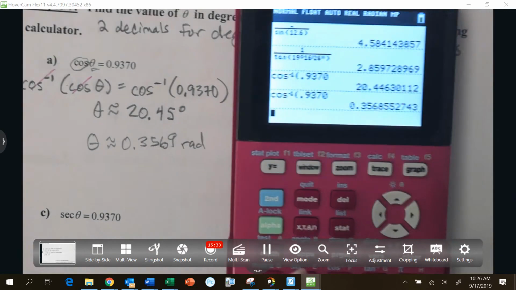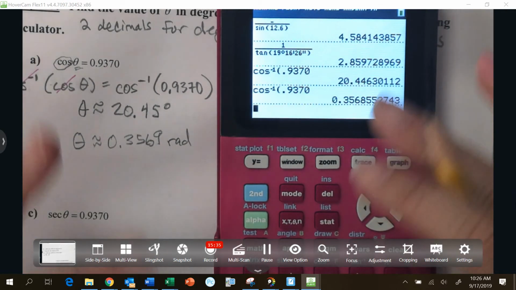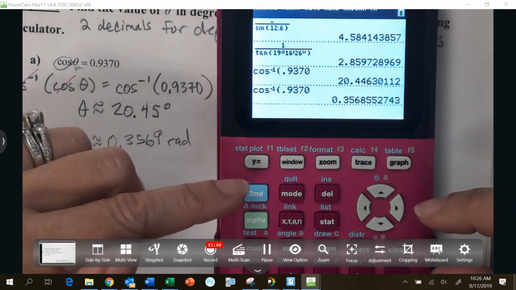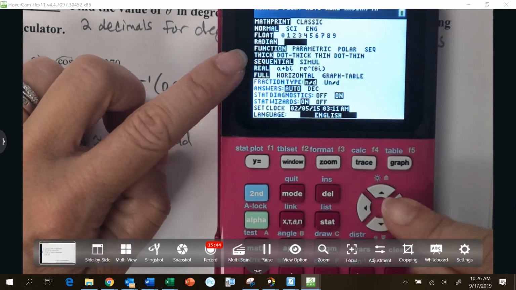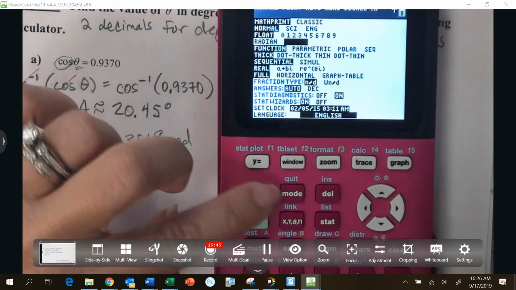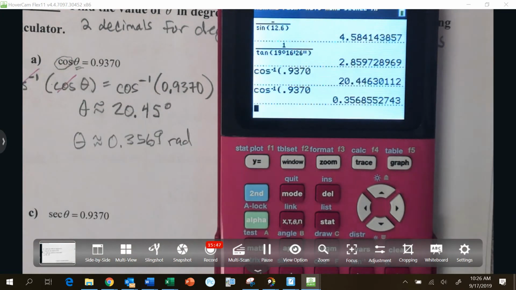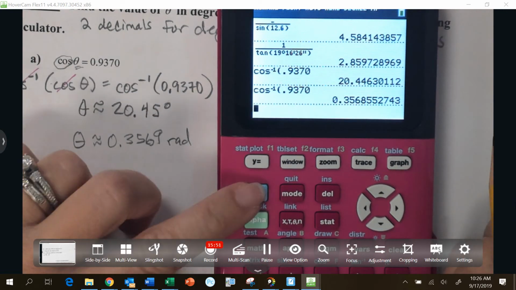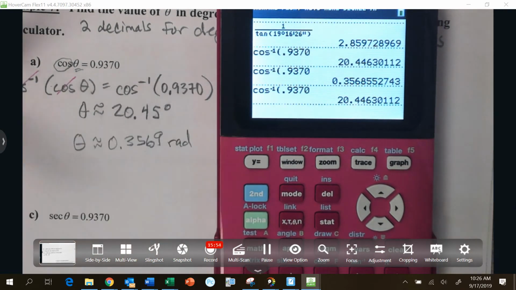Okay, the other way, if you don't want to keep changing your mode around because you forget, I'll show you the other way, and let's do this together. So go back to mode, put it back in degree mode, and then second mode will quit. I'm going to go ahead and redo that question. So I do second answer, and then there's my original degree answer.